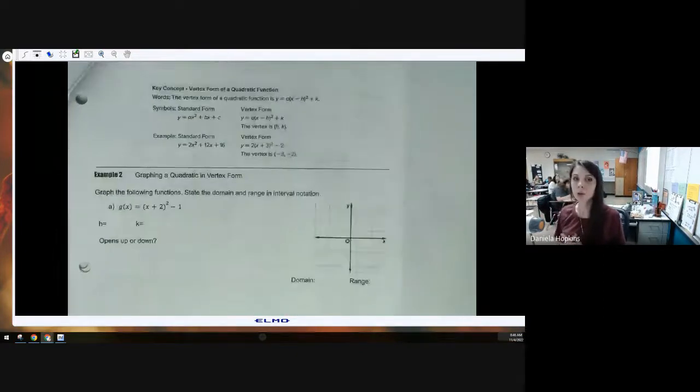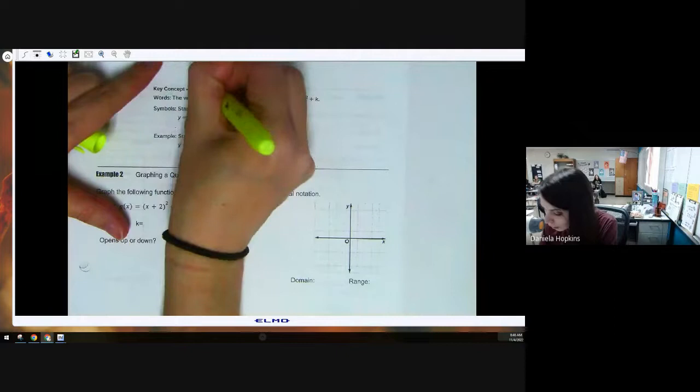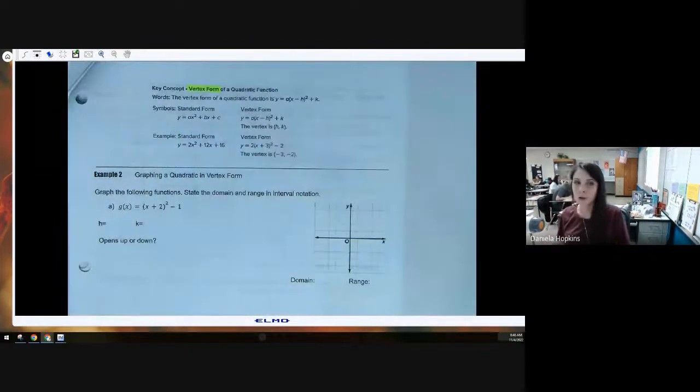So example 2 is vertex form. So we talked about standard form, which is honestly the form that you most of the time see. But vertex form is another form that we have. So remember when we did linear equations, we had slope-intercept, and you could see your slope and your y-intercept. We had point-slope, and you could see your point and your slope. Vertex form, you can see your vertex.